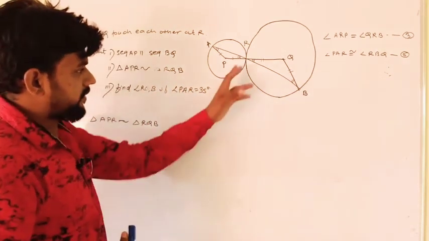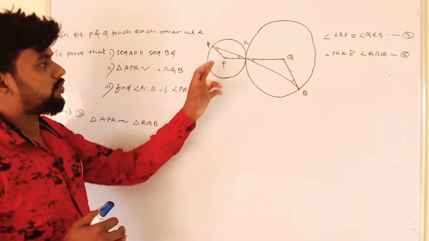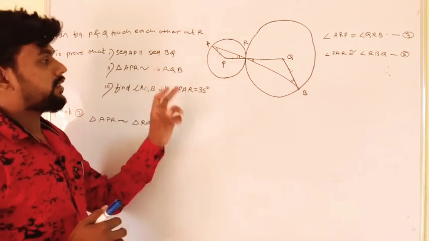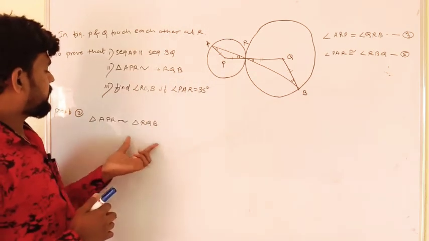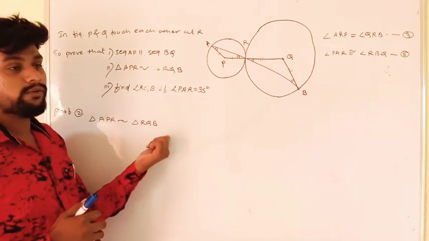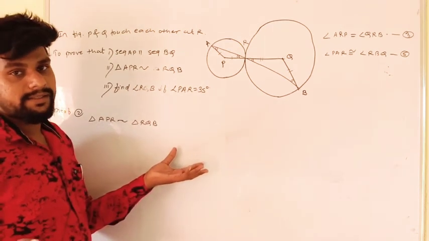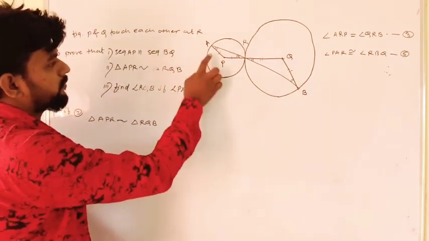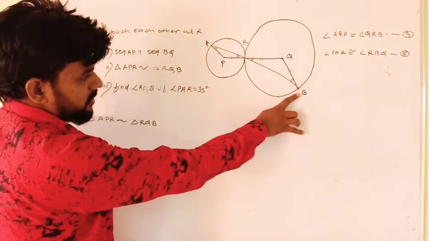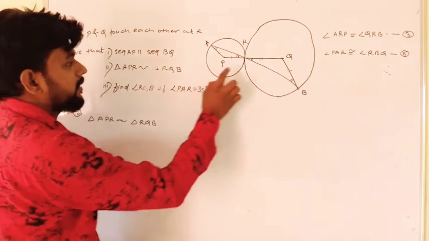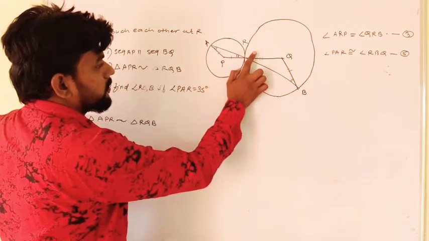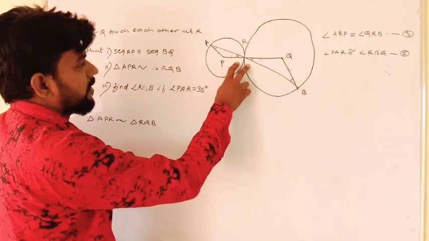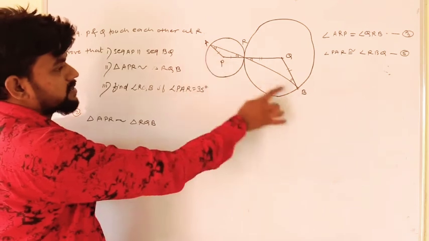If in the figure we know that two angles are similar, or we can say congruent, then we can easily say that triangle APR is similar to triangle RQB by the angle similarity test. Now we just have to prove angle A is congruent to angle B, and angle R is congruent to angle R. From equation 3 we can write angle R is equal to angle R, and from equation 5 angle A is congruent to angle B.